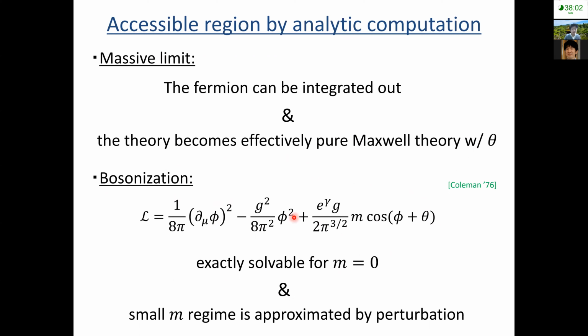I forgot to put Q. In this picture, the fermion mass plays the role of the self-coupling of the scalar theory, and G plays the role of mass. Therefore, this model is exactly solvable for m equals 0, and the small m regime can be approximated by perturbation theory in this model.